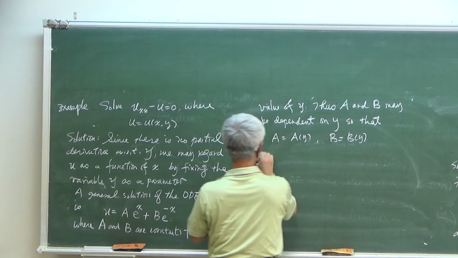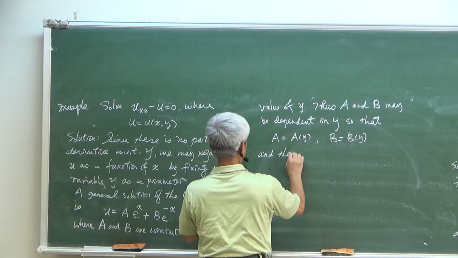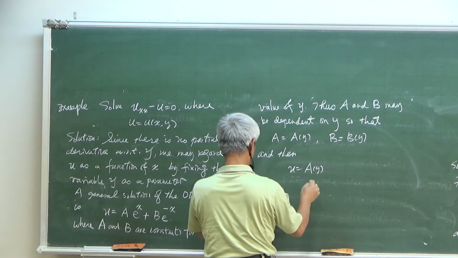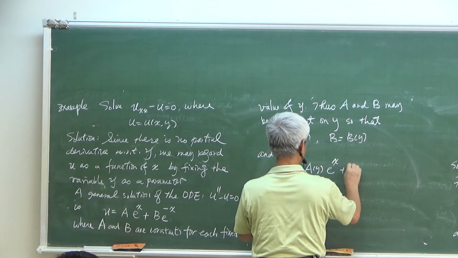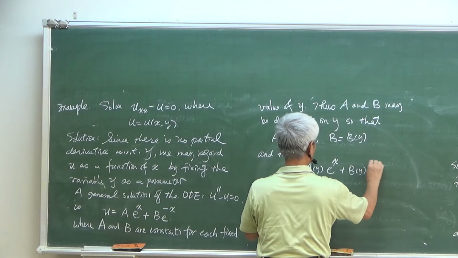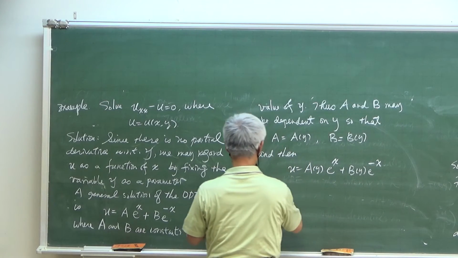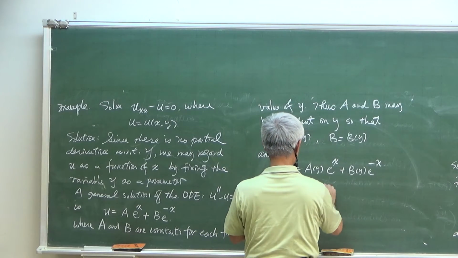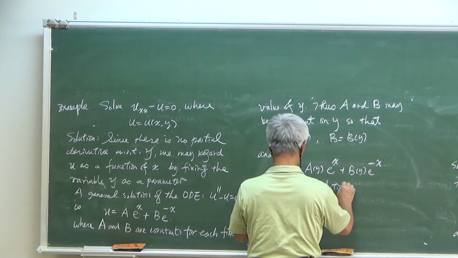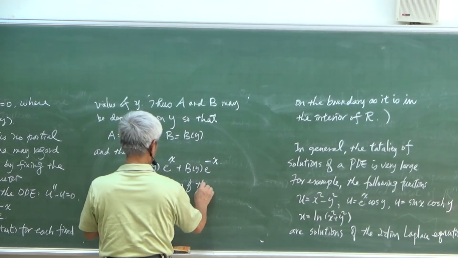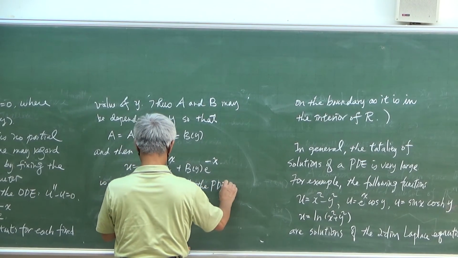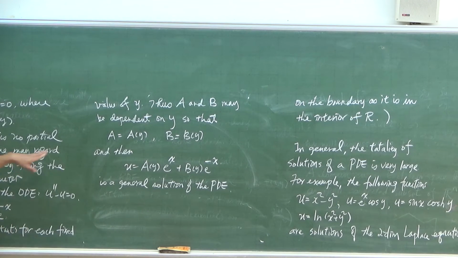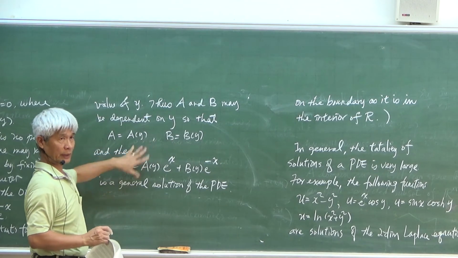Then u = a(y) e^x + b(y) e^(-x) is the general solution, where a(y) and b(y) are arbitrary functions of y.